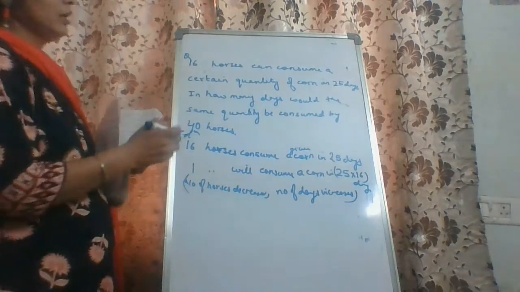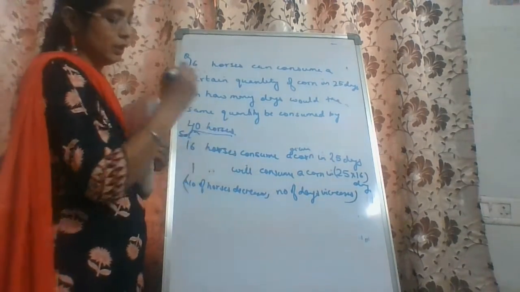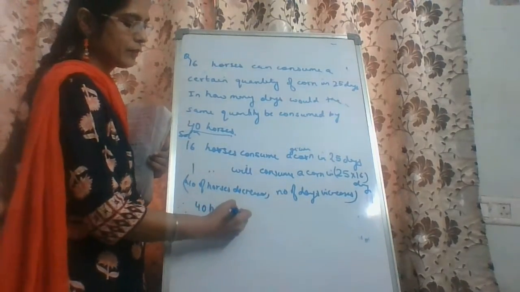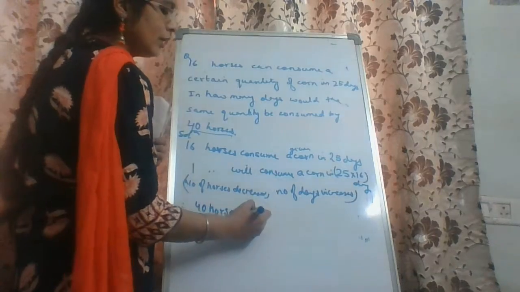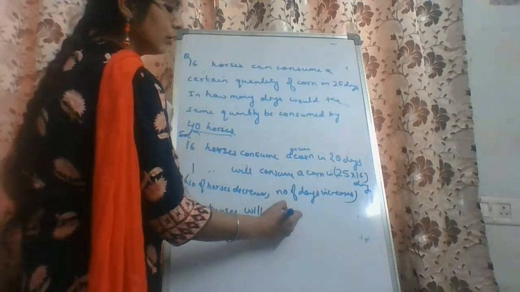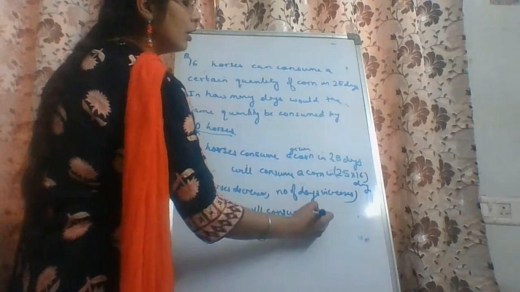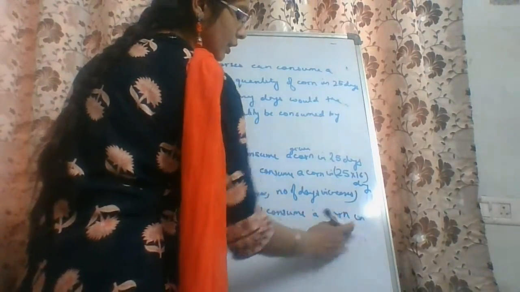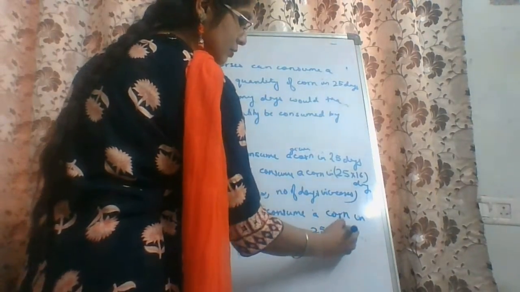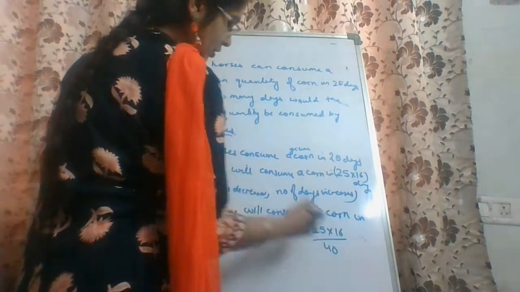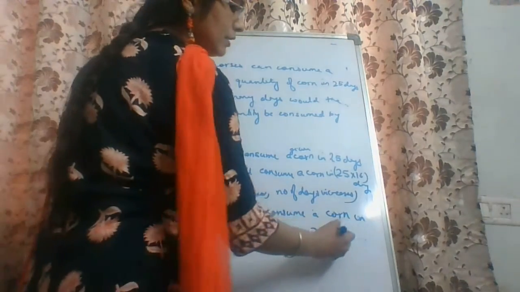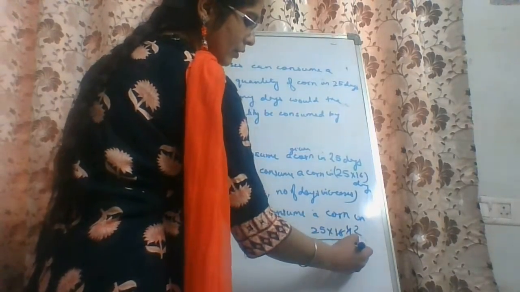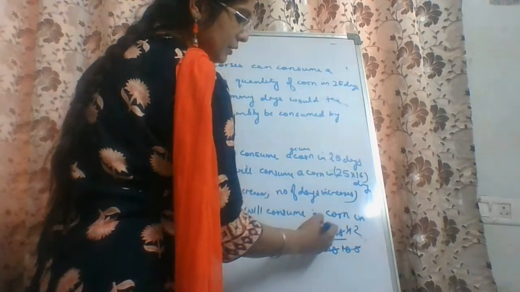Now, if the number of horses is 40, therefore 40 horses will consume a given corn in 25 multiplied by 16 upon 40. Let us simplify this. 4 times 10 is 40, 4 times 4 is 16, and 5 times 2 is 10.